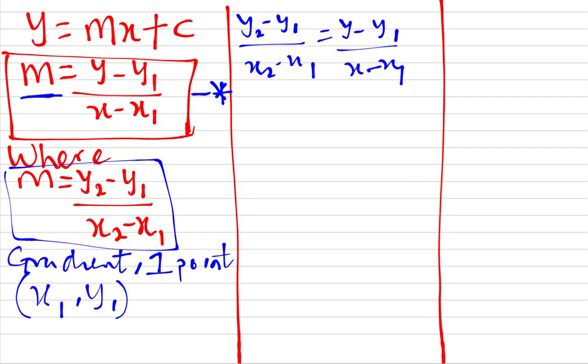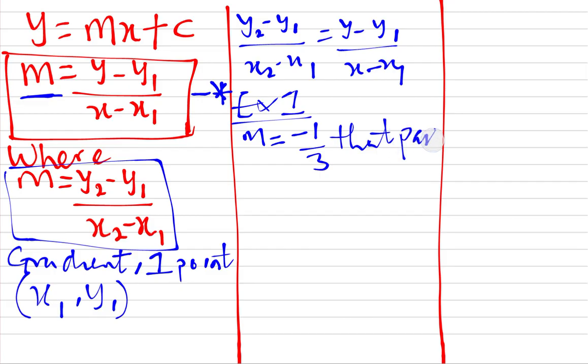All right, so let's say we have a question. Example 1. The example says: determine the equation of a straight line whose gradient is minus 1 over 3 and that passes through the point minus 3 and 2.